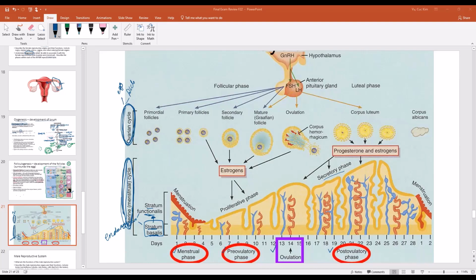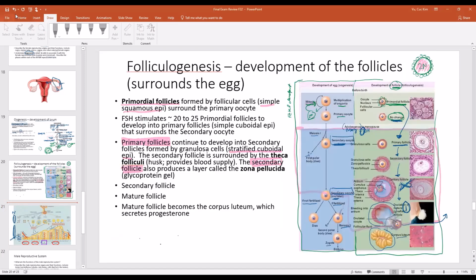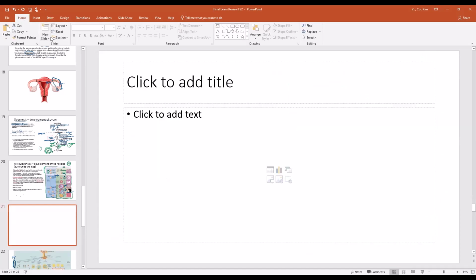Oh, you cannot see it because I didn't share it with you. That's okay, I will just copy it and put it here. New slide. Okay, this is what I'm talking about.